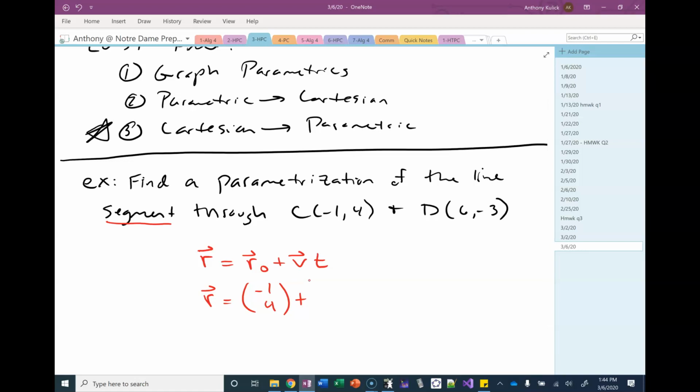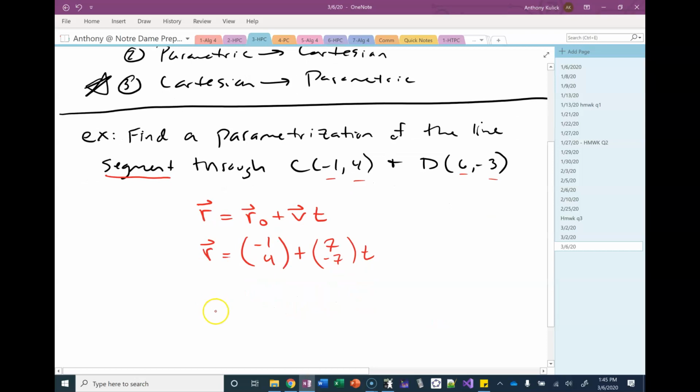And the vector v is our slope vector or direction vector. So I'm going to use the vector cd. So that's going to be 6 minus -1, and then -3 minus 4. Everybody's okay there?